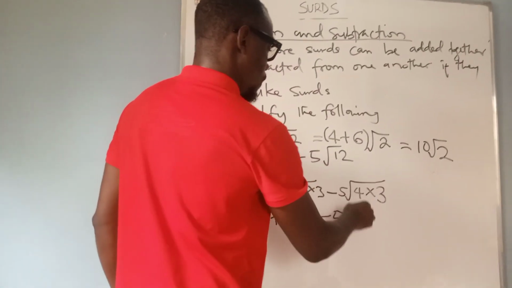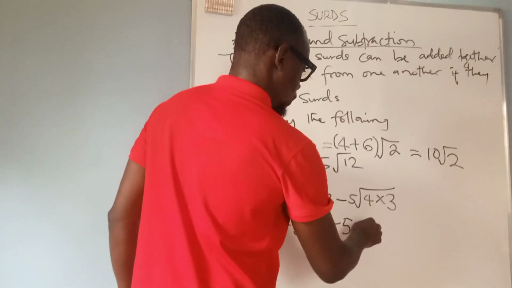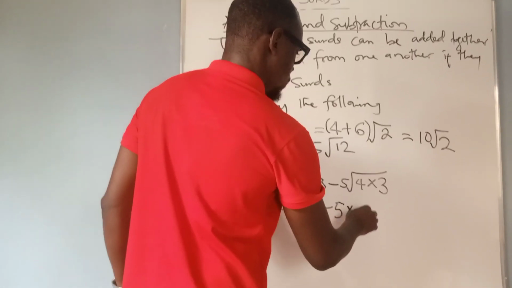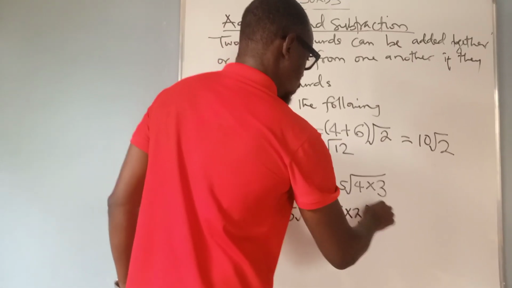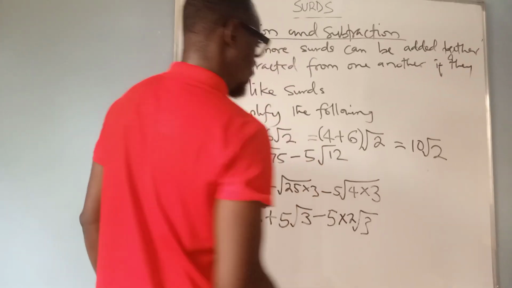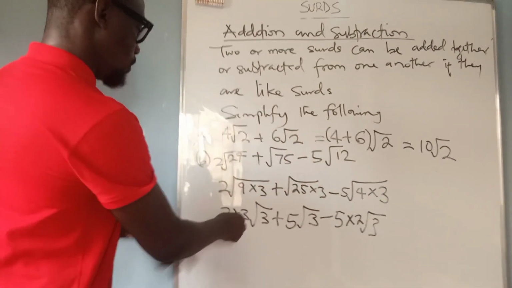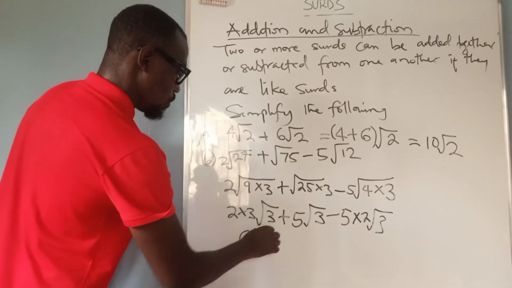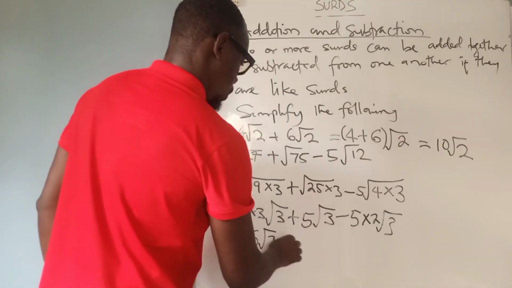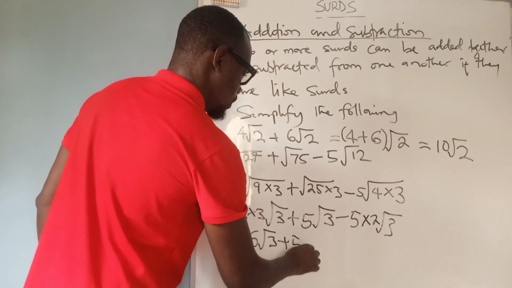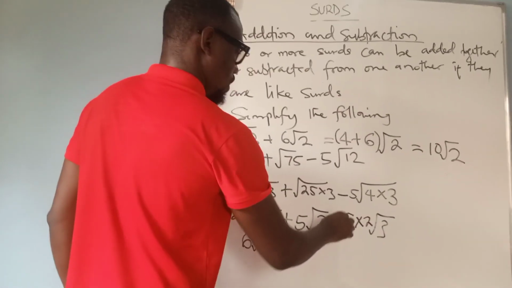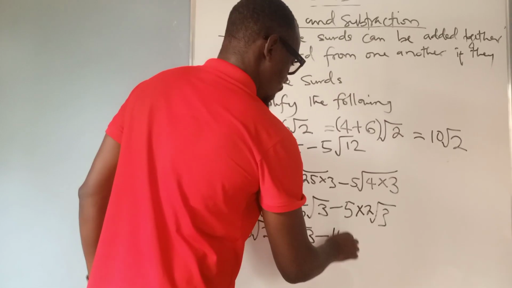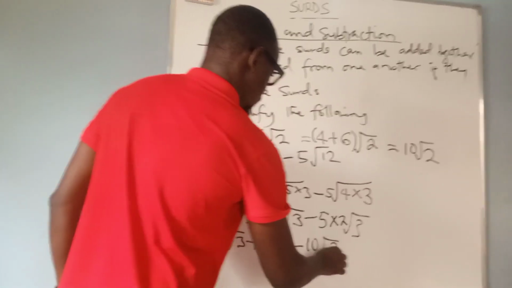The square root of 4 is what? 2. Which is going to be what? 2 square root 3. Now, this will be 2 times 3, 6 square root 3, plus 5 square root 3, minus 10 square root 3.